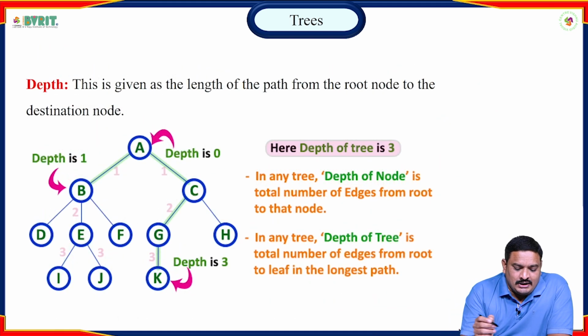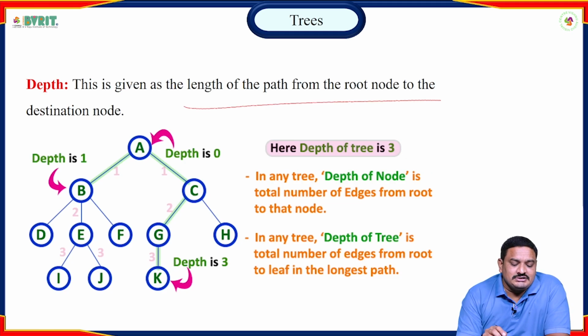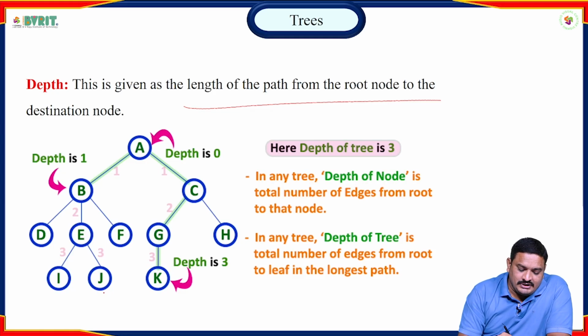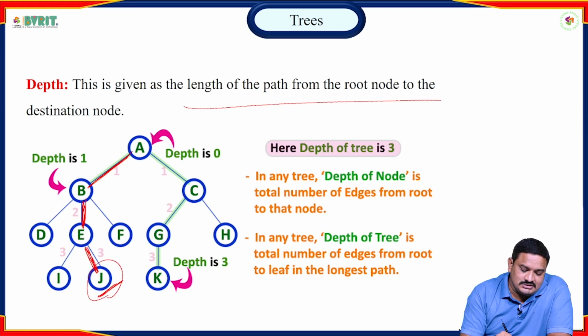Next one is depth. Depth was already discussed in the previous slide. This is the length of the path from the root node to the destination node. Suppose the destination node is J. Simply, in this example the destination node is J. What is the path? Root node, this one, B to E, E to J, because J is the destination node.